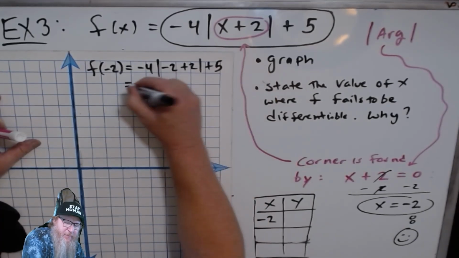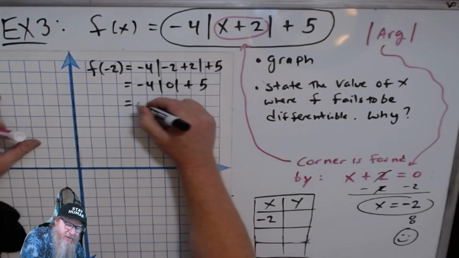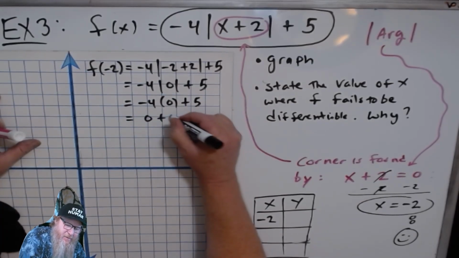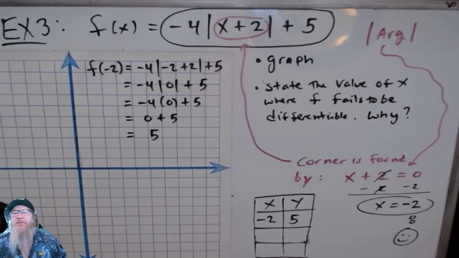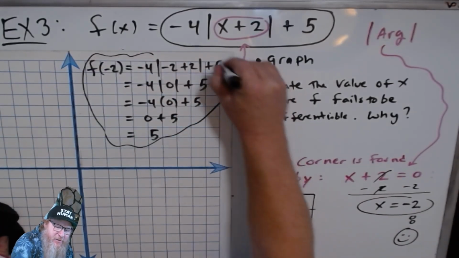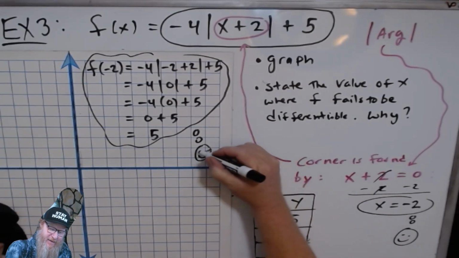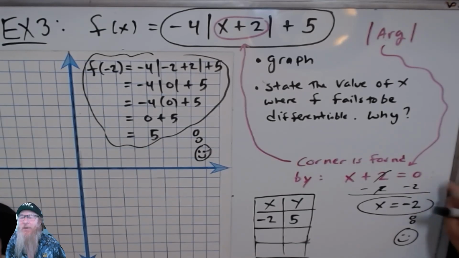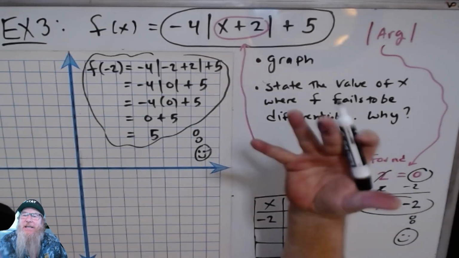You'll notice something about the corner. The inside always comes out to be 0. So you get -2 and 5. You probably could have done that using mental math, because you set this equal to 0, so the corner is always going to give you a 0.